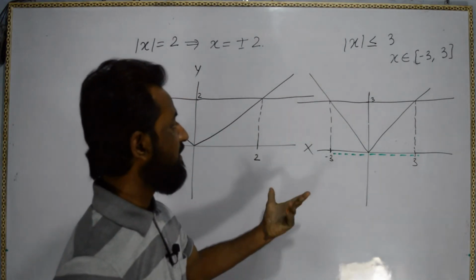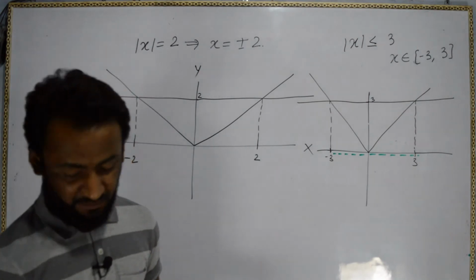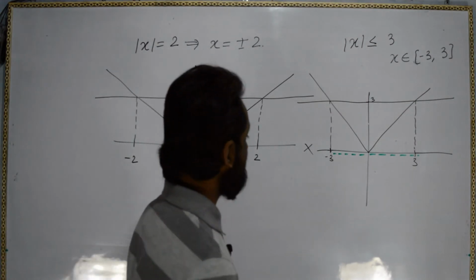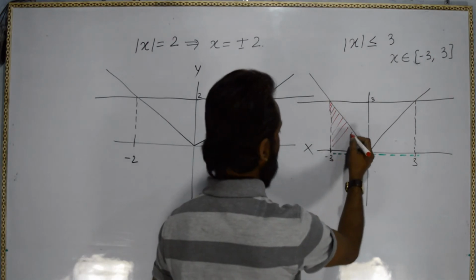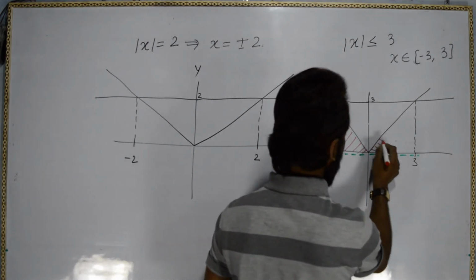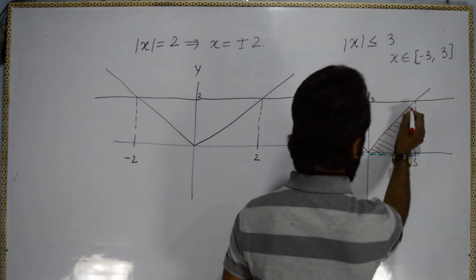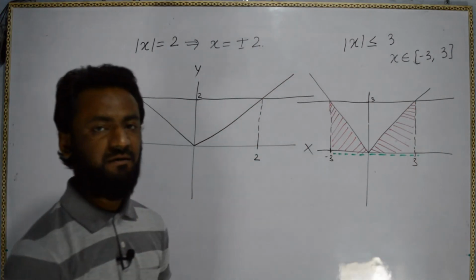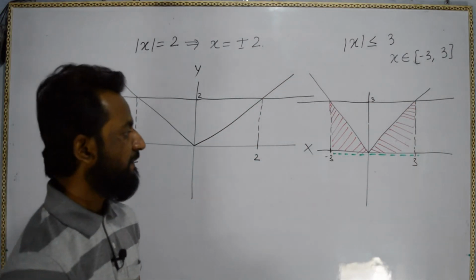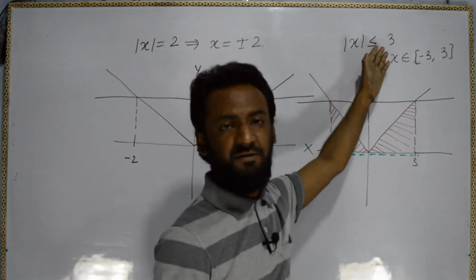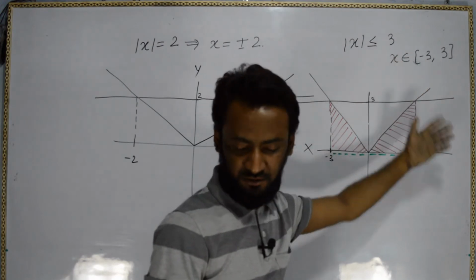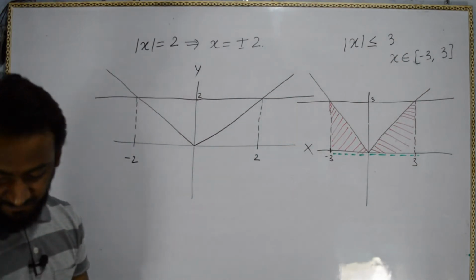So what region is it covering? It will cover this region, this graph. Okay, so this is the graph of mod x less than or equal to 3. We can draw any graph like this, whatever the values they are given, just make sure that those values are positive values. Okay, copy these things.